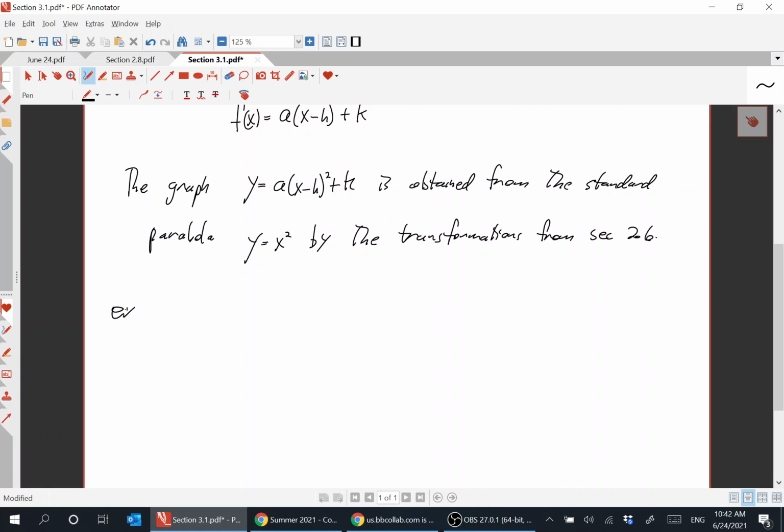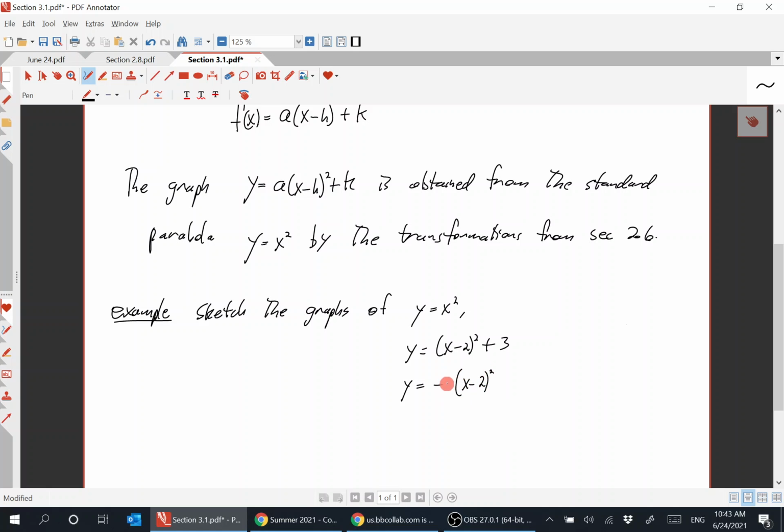So, for example, sketch the graphs of y equals x squared, y equals x minus 2 squared plus 3, and y equals minus 4 times x minus 2 squared.